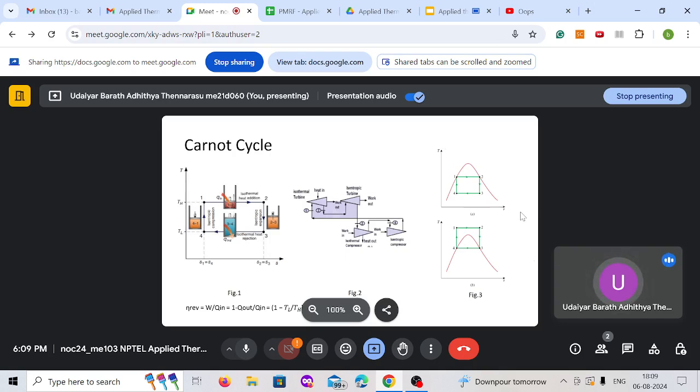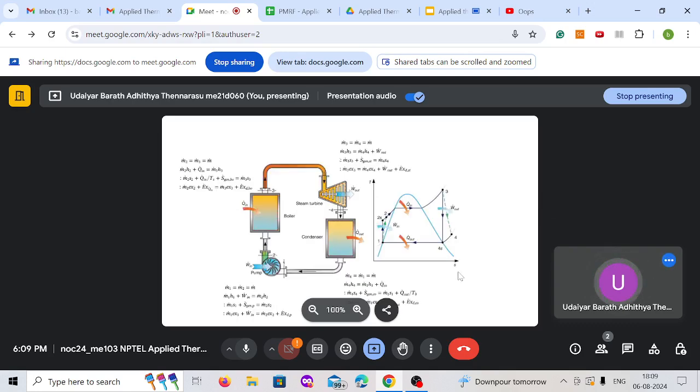So the other easier practical way of having a cycle is having a Rankine cycle. So what happens in the Rankine cycle is, we had two isentropic processes that remain the same, but these processes are happening outside the two-phase zone, and we are converting the isothermal processes into isobaric processes.